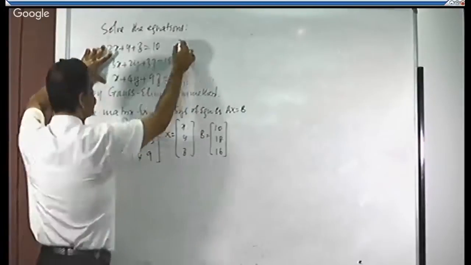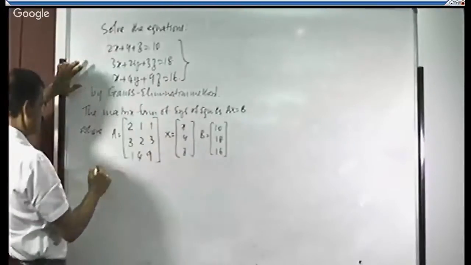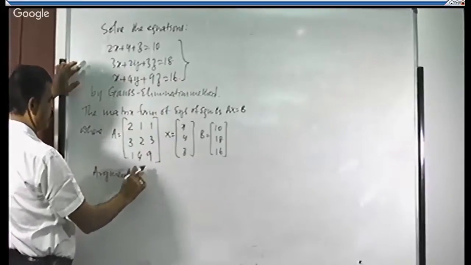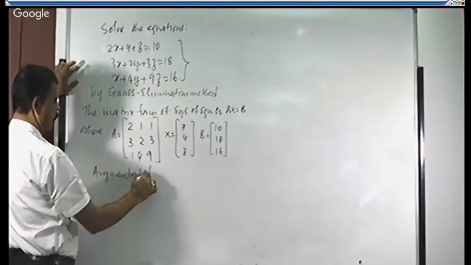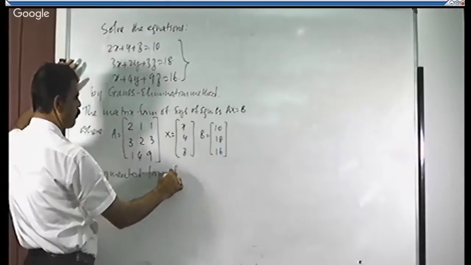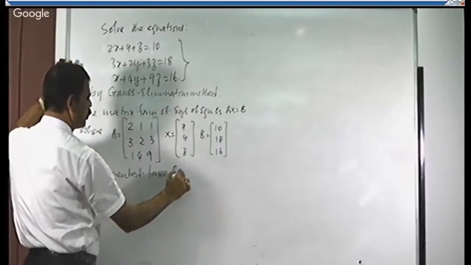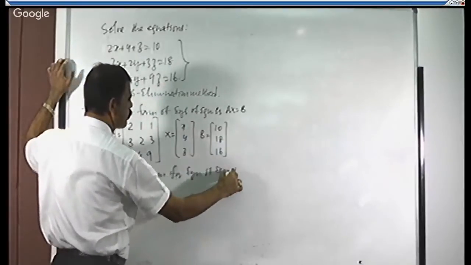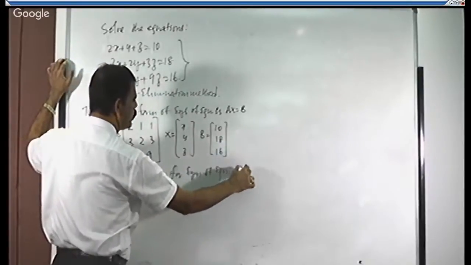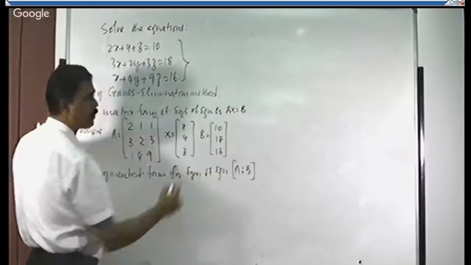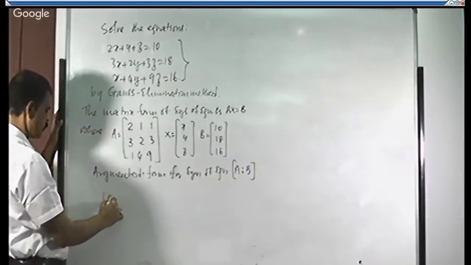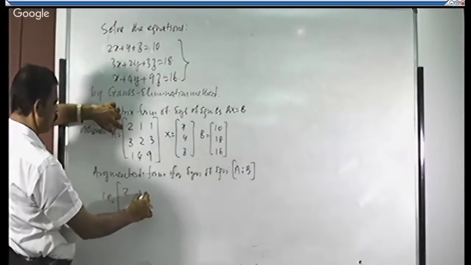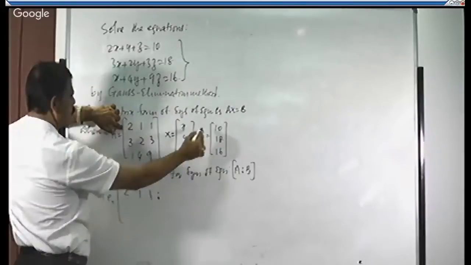For this system of equations, we can write the augmented form, that is A is to B. That is 2, 1, 1 is to the constant 10.